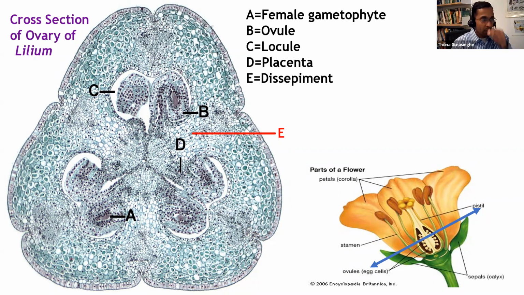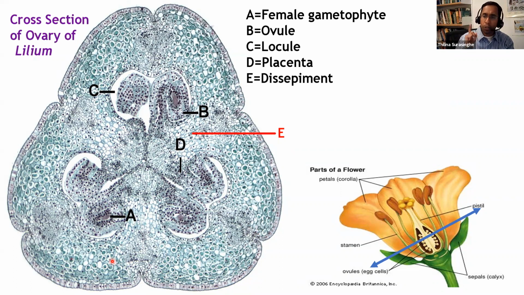Now, how should we explain this? You can see this has divided. In this case, the ovary has divided into 1, 2, 3 large parts. Each one of those large divisions is considered a locule.